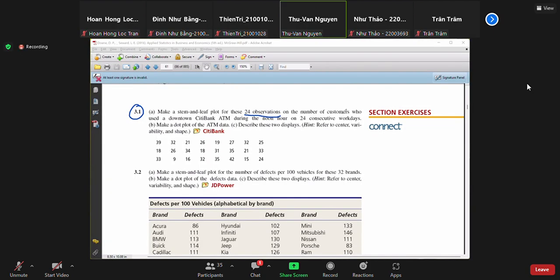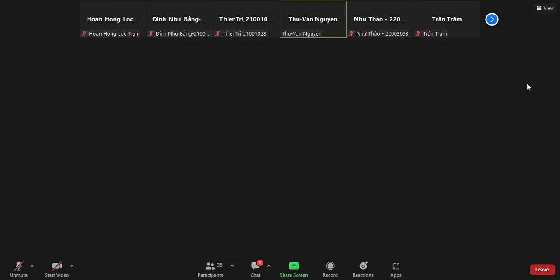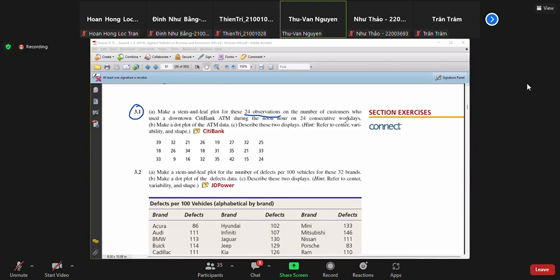And this counts what? The number of customers. So the values are numerical data, right? The number of customers who use the ATM during the noon hours on 24 consecutive workdays.